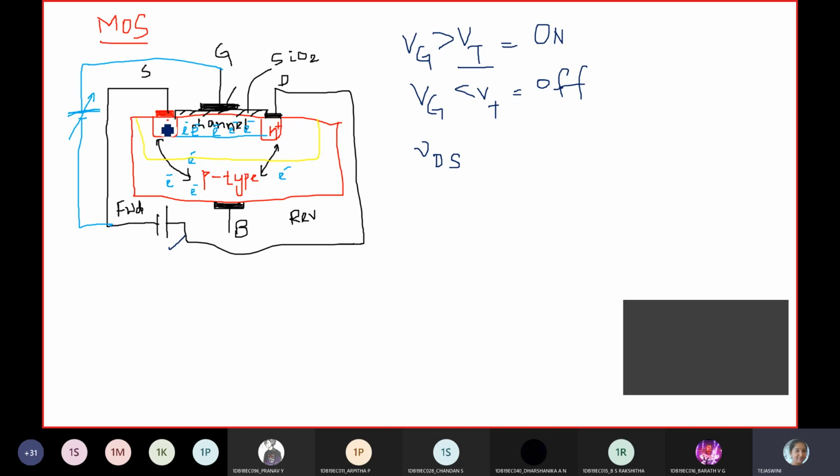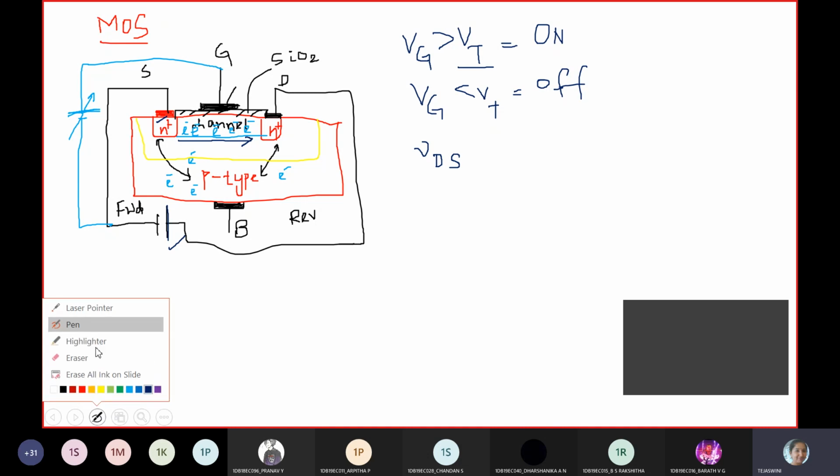So the electrons present in the N plus region will move towards the higher potential. The electrons move from source to drain because the drain is at a higher potential. So the direction of electrons is like this, and the direction of current flow will be the reverse of it.